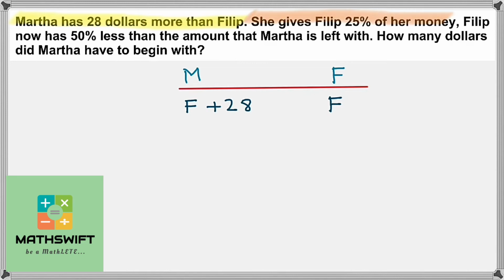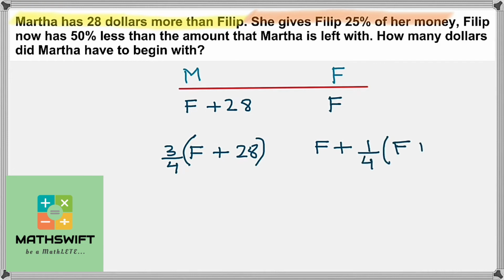She gives 25% of her money, which means she is now left with 75% or 3 by 4 of what she had, and Philip gets an additional 1 by 4 of what Martha had. The question further tells us that Philip now has 50% less than the amount that Martha is left with, and we can use this information like so.